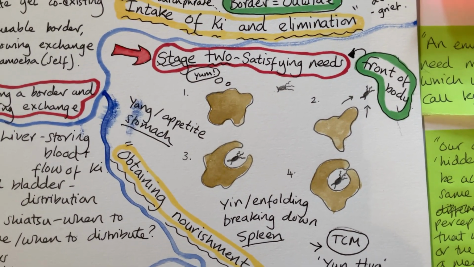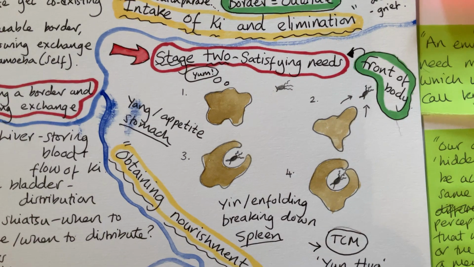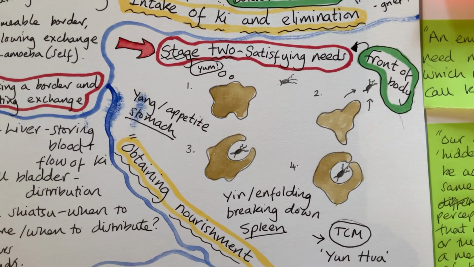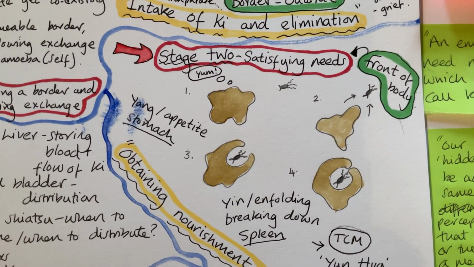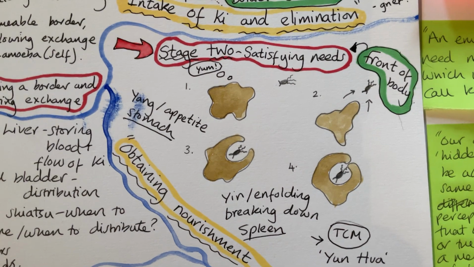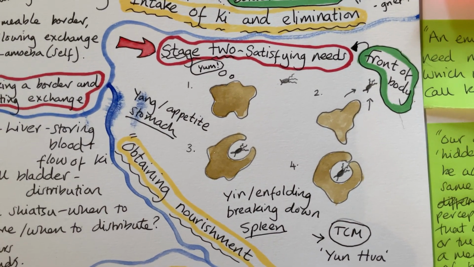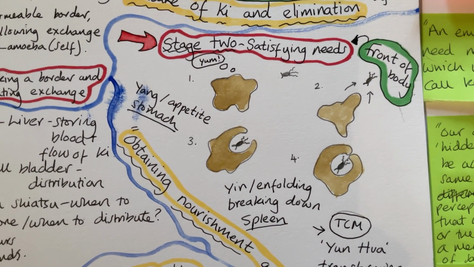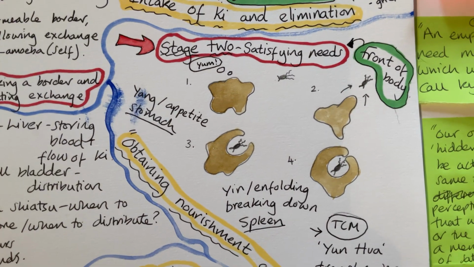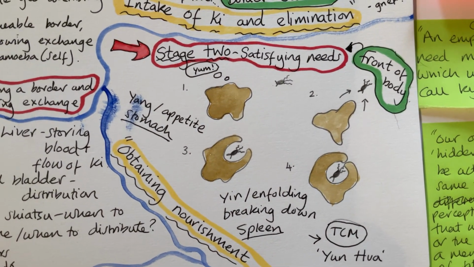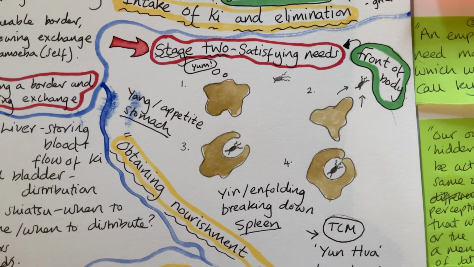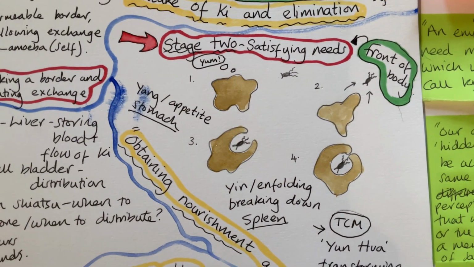That action is the yang of the stomach. In part 3, the enveloping of the yummy thing is considered to be yin, and this is the action of the spleen. And in 4, it's breaking down so that it can start the assimilation process.